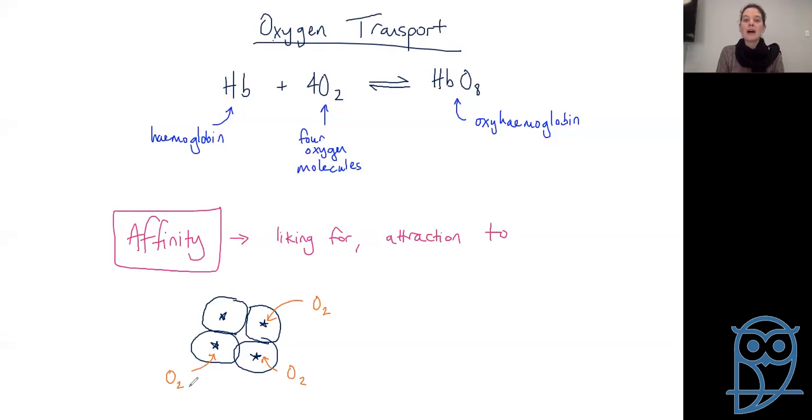The third one bound then creates another distortion, which makes it even easier to bind the 4th one. So the more oxygen you pick up, the easier it is to pick up all your oxygen.